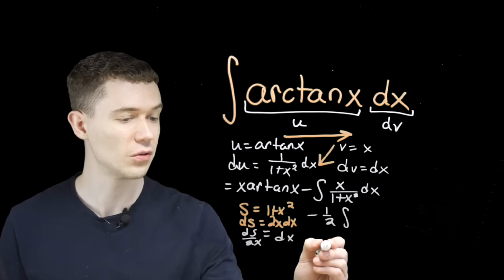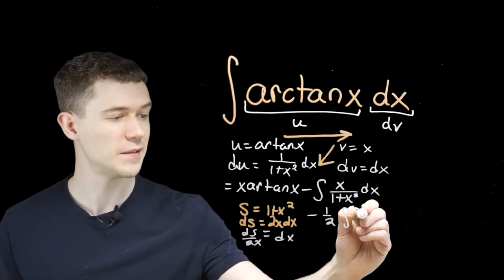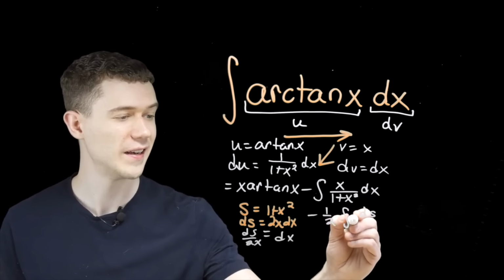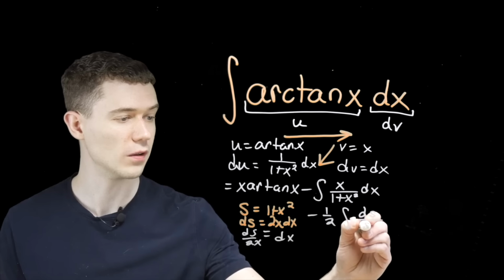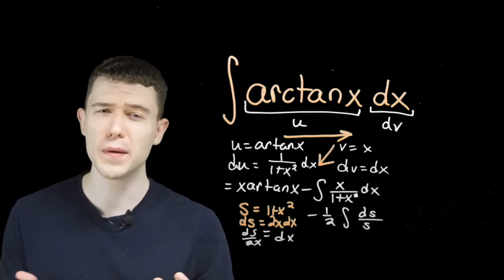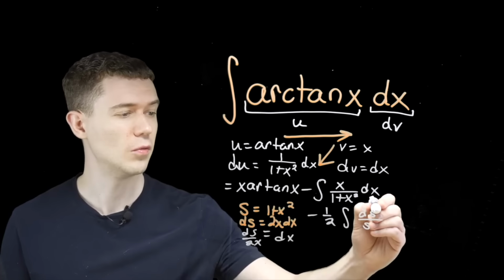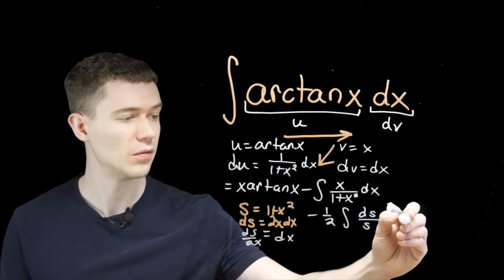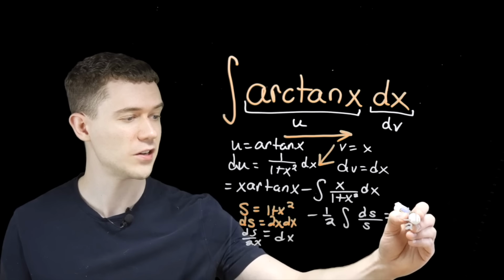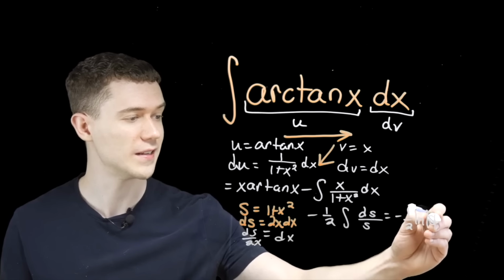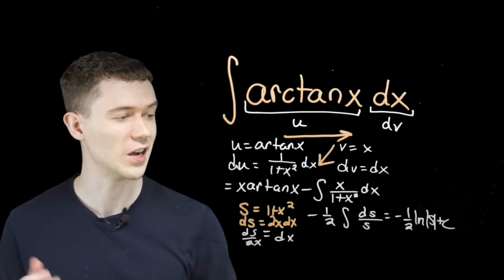We'd have the integral. The x dx, that's becoming our ds, and this is over what I'm calling s. Now you just have to remember, what's the antiderivative of ds over s? Well, that's going to be, with a 1/2 out front, natural log absolute value of s. I should say plus c, plus a constant here.